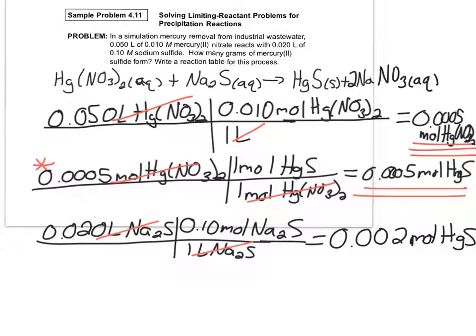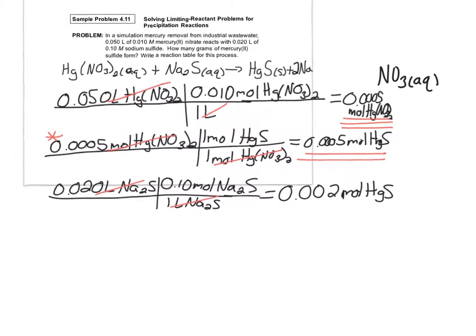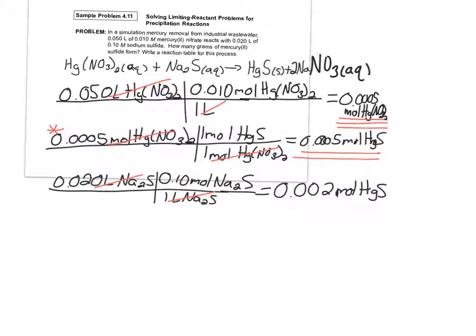So now that we know our limiting reactant, we can set up our reaction table, which is the next part of the problem here. And a reaction table always starts with the balanced equation. So I'm going to write that up first.